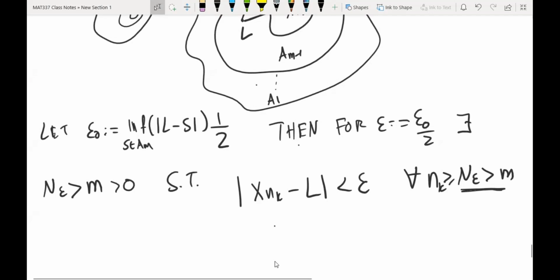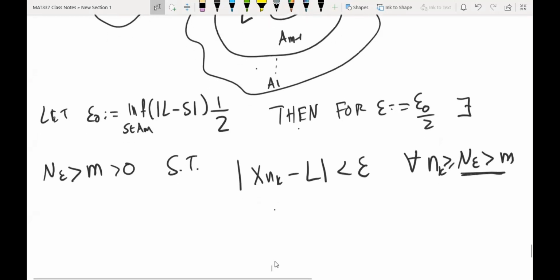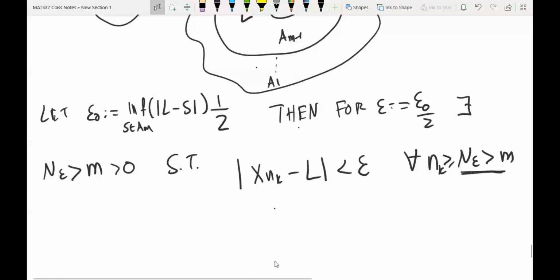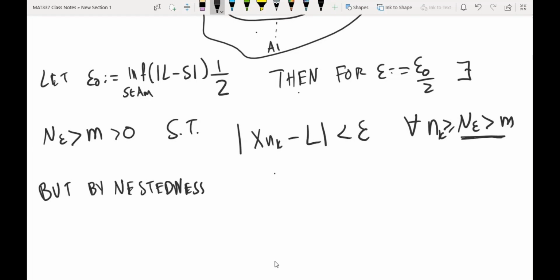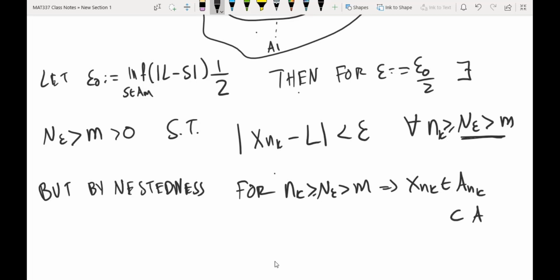Okay, I'm almost done. By nestedness, for nk bigger than n epsilon, bigger than m, we get xnk is in Ank, which is inside An epsilon, which is inside Am.